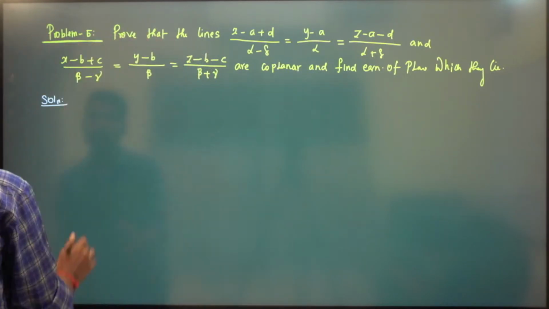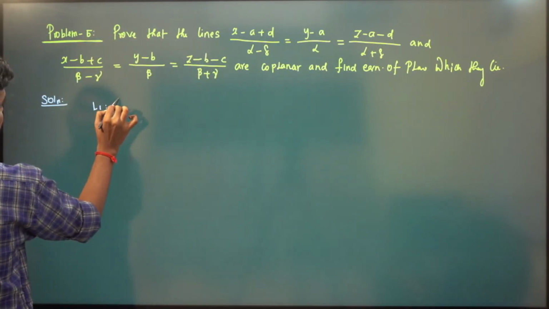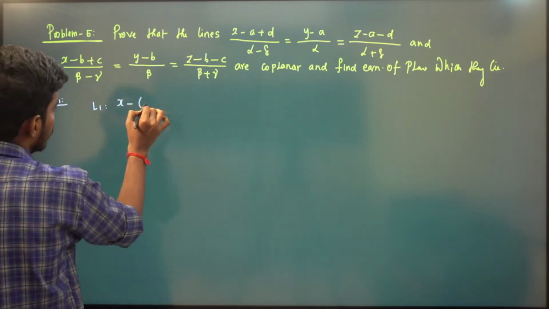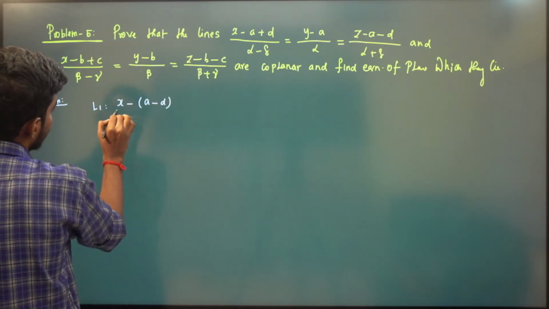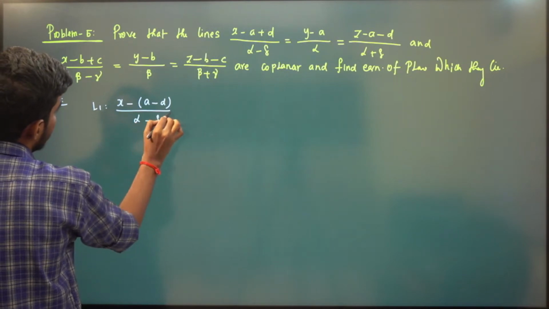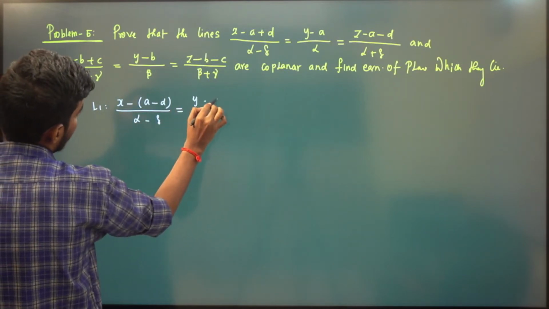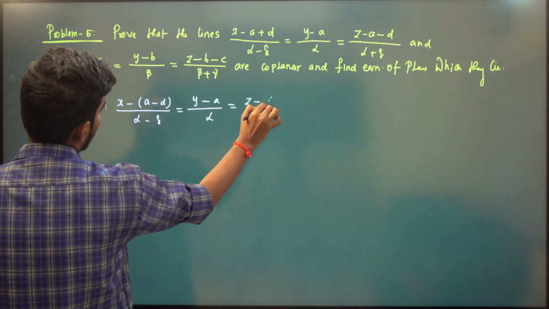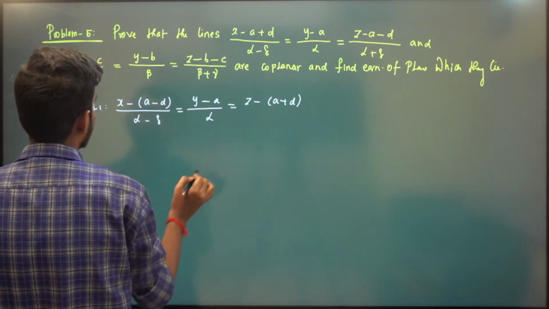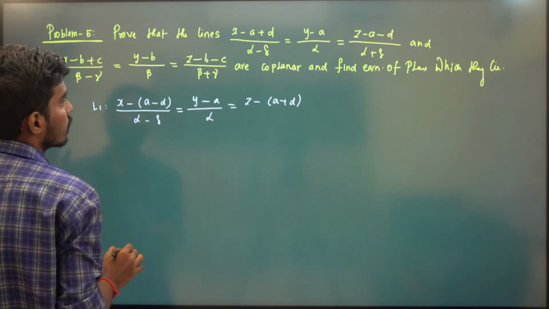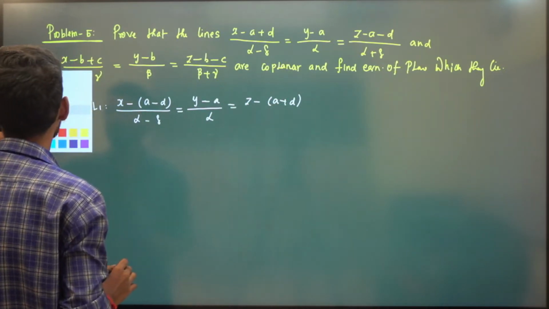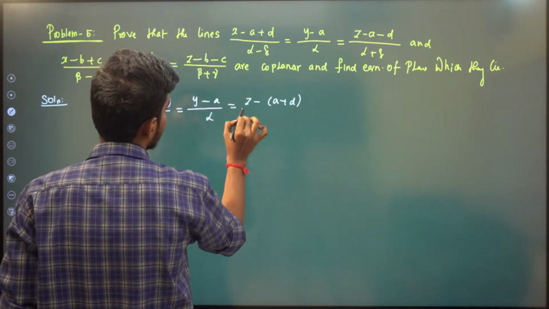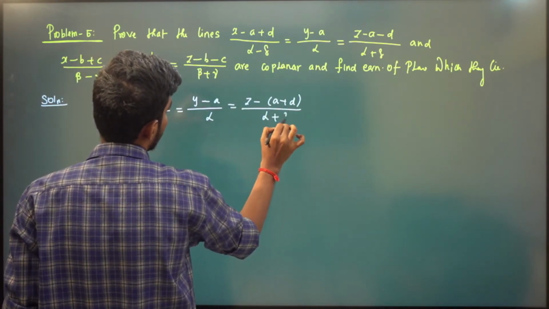So you just write L1: (x minus a minus b) divided by alpha minus delta, (y minus a) divided by alpha, (z minus a plus d) divided by alpha plus delta.